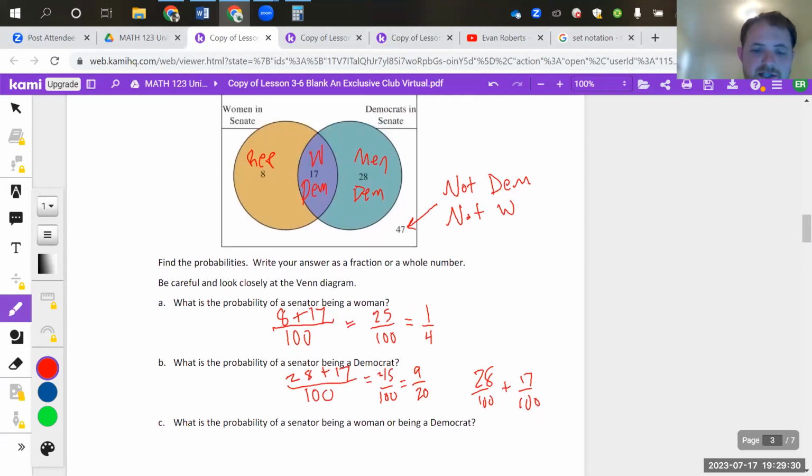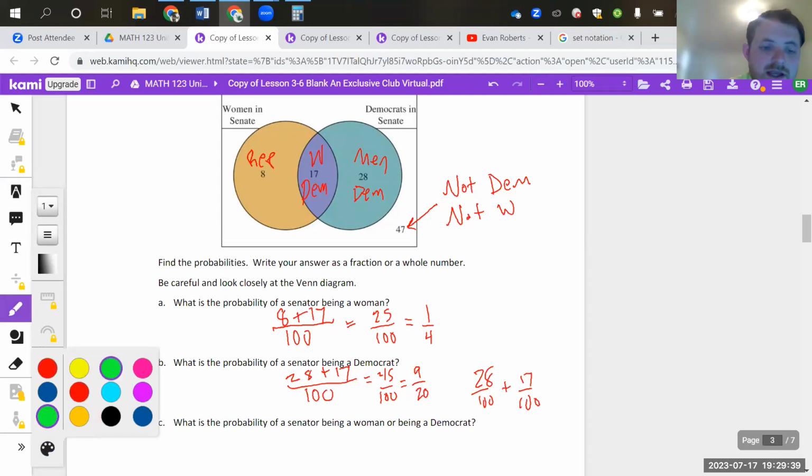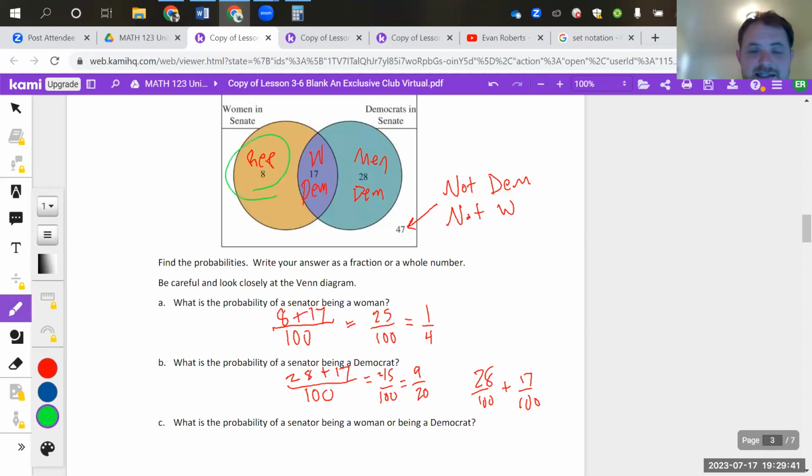Part C is looking at the probability of being a woman or a Democrat. When you've got that or situation, this is accounting for the 8, this is accounting for the 28, and it's also accounting for the 17.